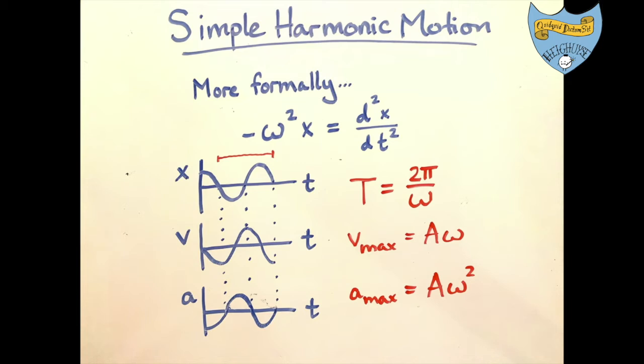So putting it all together, if you've got a graph like this, the period of oscillation is found by picking two identical moments on your graph and looking at the amount of time between those two positions. That's the period. And the period is related to the angular frequency by 2 pi over omega.